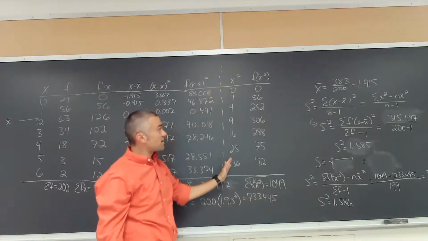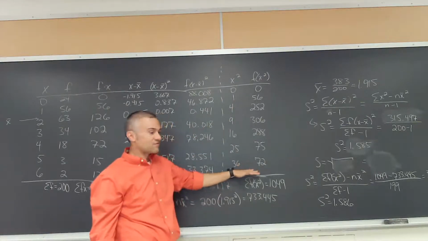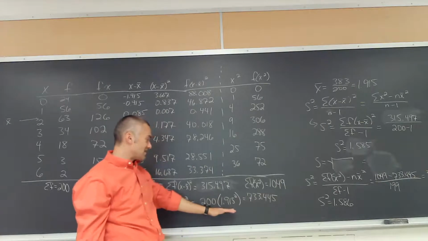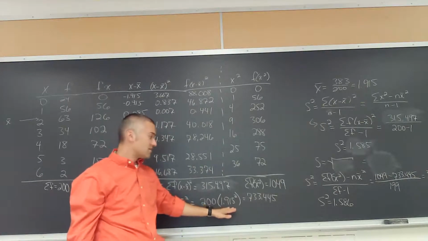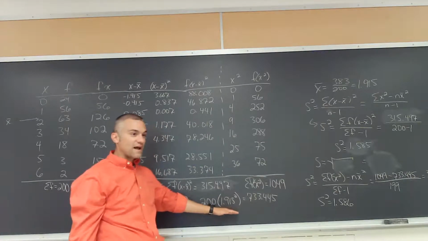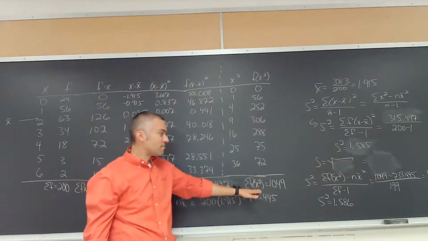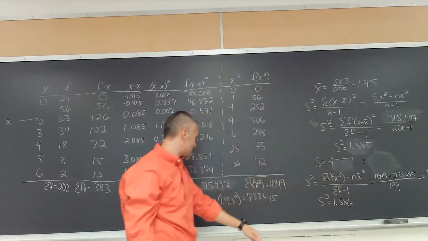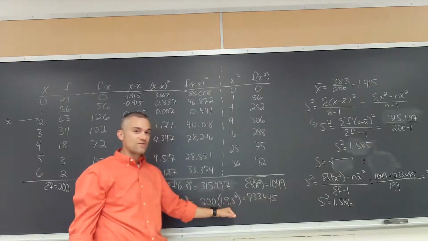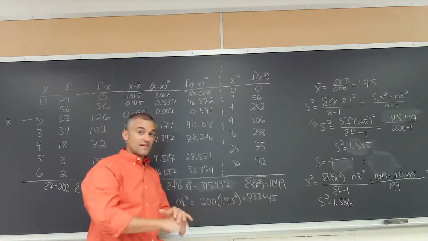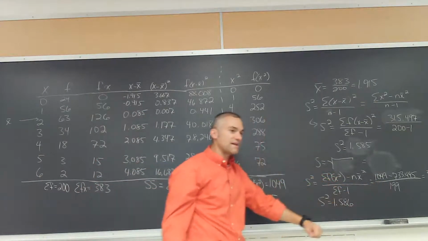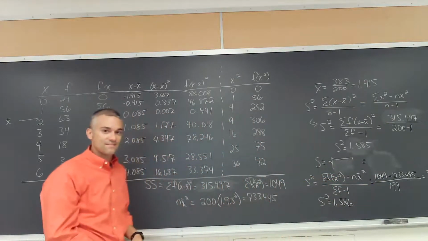We do the x squareds. I do the frequencies. I don't have to round, right? I don't have to round until I get down here, and even there, I don't necessarily have to round because I have my sum. I can type in that number, 1049, and then I can do minus 200 times our average squared and hit equals. Leave everything unrounded in the calculator and then hit divide by 199, and I can get the variance.